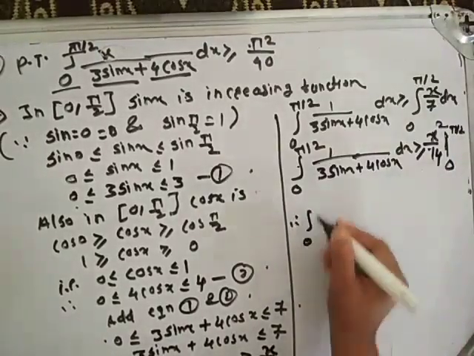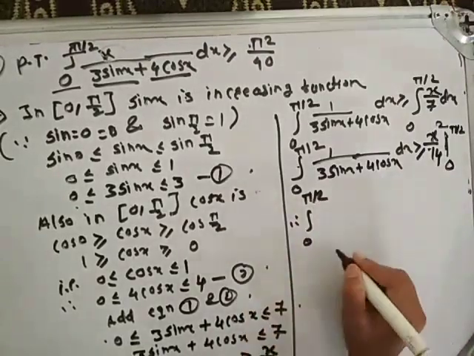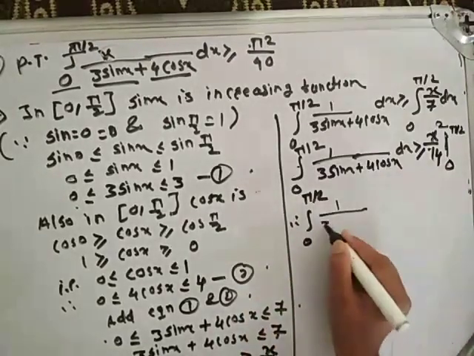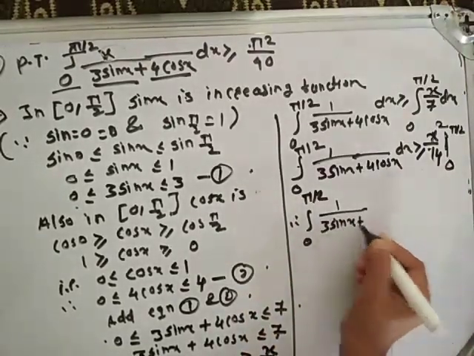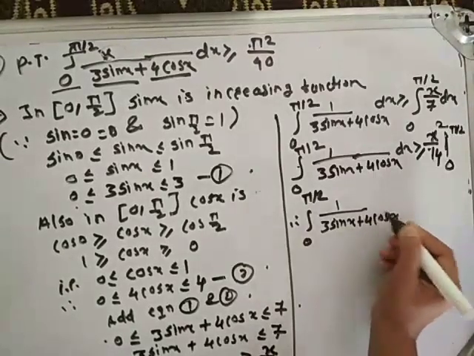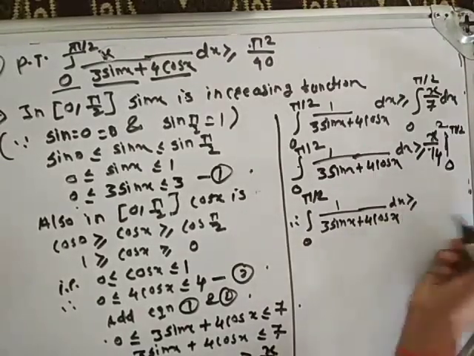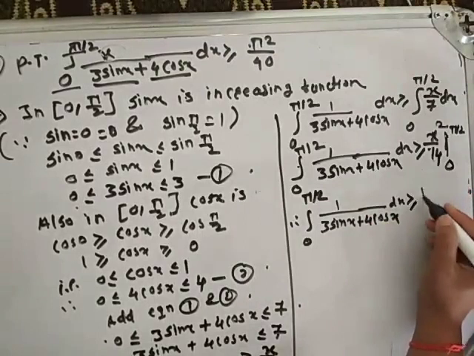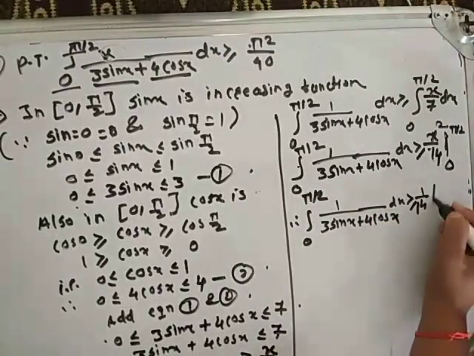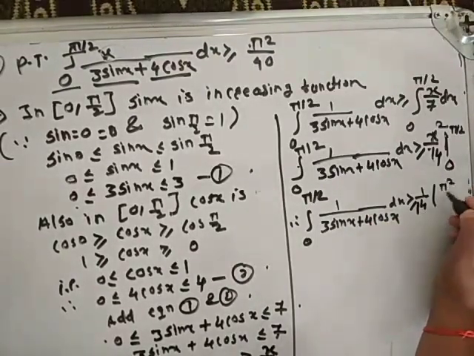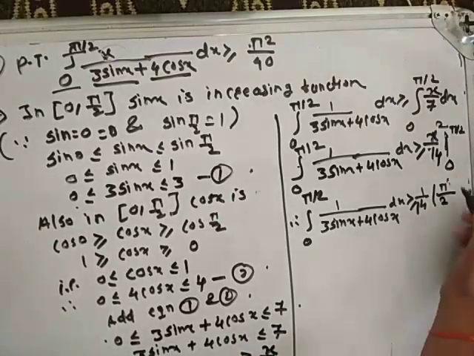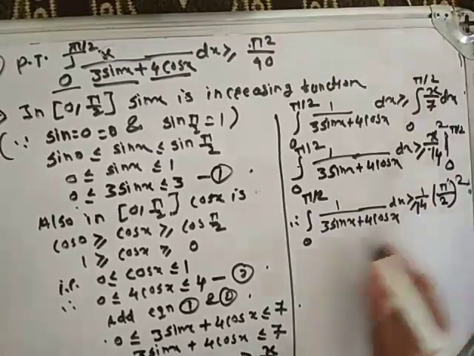So we will get integration from 0 to pi by 2 of 1 upon 3 sin x plus 4 cos x dx, which is greater than or equal to 1 by 14 common, x square, putting upper limit and lower limit, pi by 2 whole square.